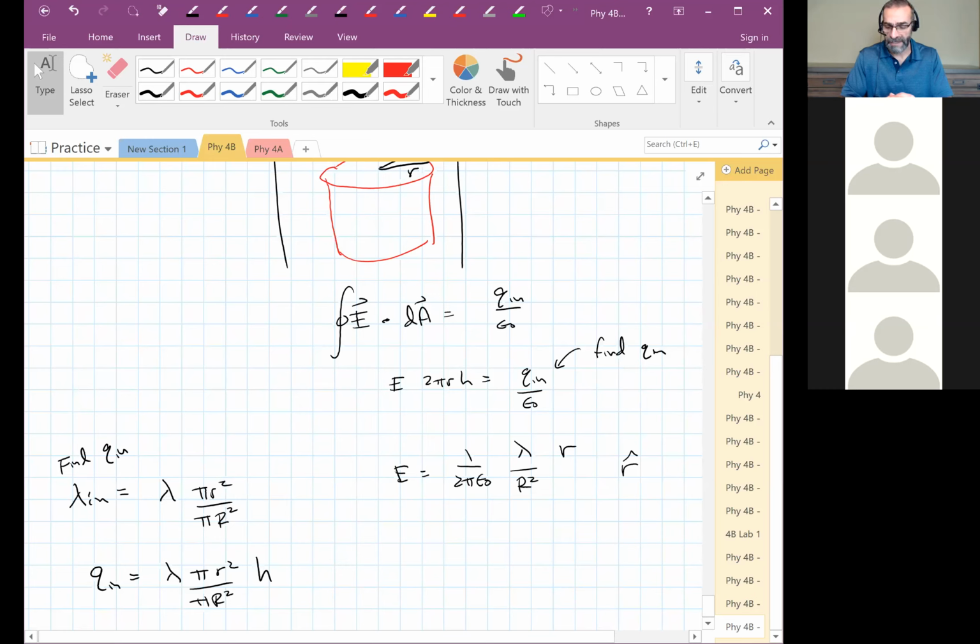So you won't have anything like that on the exam. No non-uniform charge densities for volumes, and nothing where you would have to do a double or triple integral, okay?